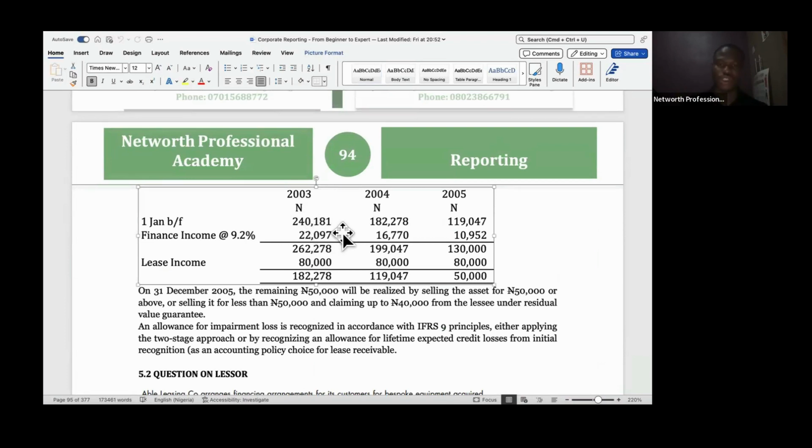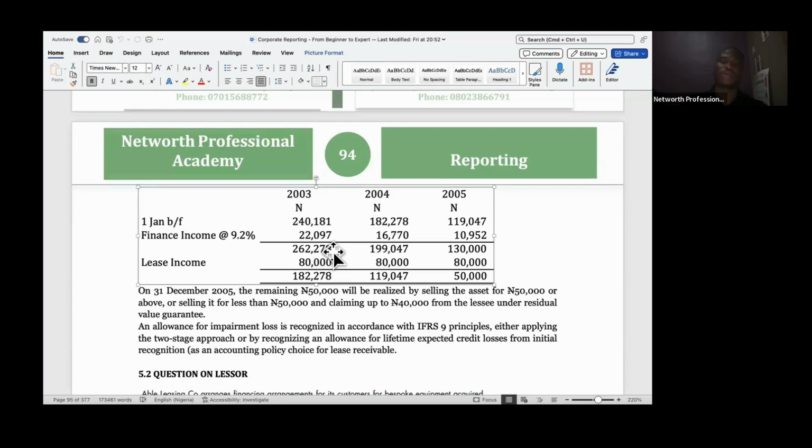And that gives us 22,097. If you add that to this 240,000, then in year one, that will have unwound the discount. That gives us 262,278.